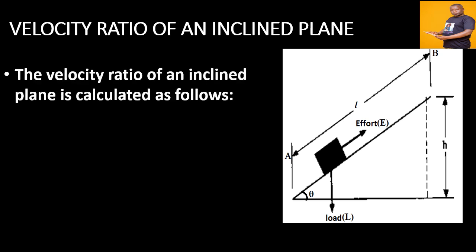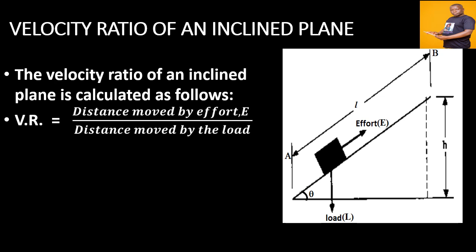The velocity ratio of an inclined plane can be calculated using a very important formula such as this one here. Velocity ratio is simply the distance moved by effort, we are referring to this distance here from A to B, divided by the distance moved by the load, in this case the height.